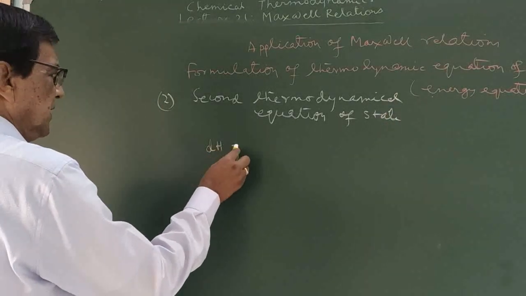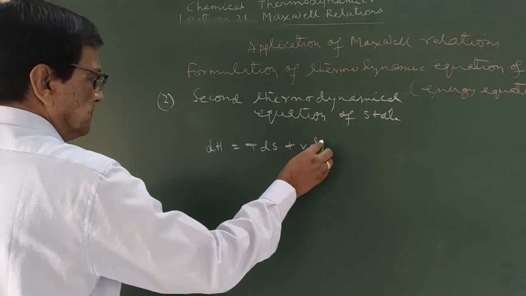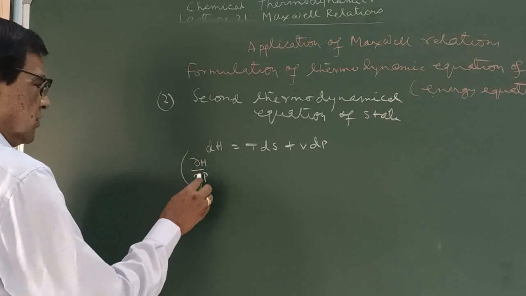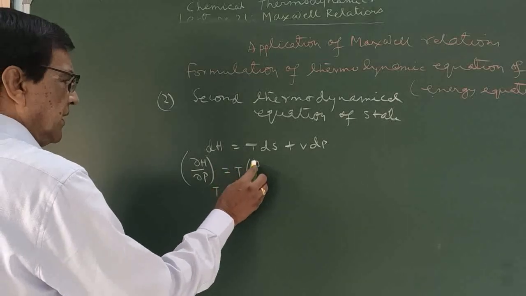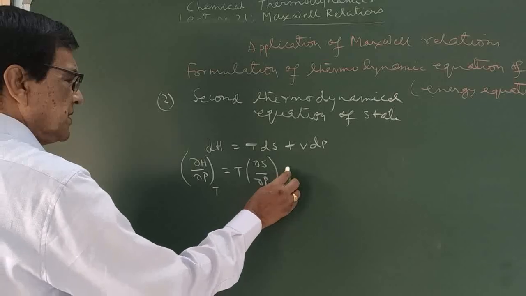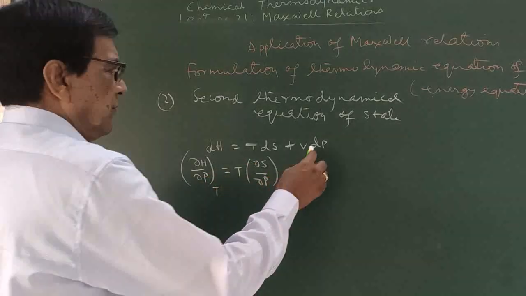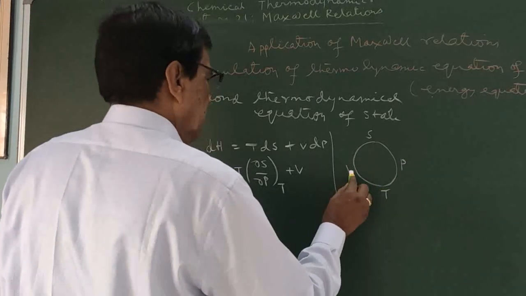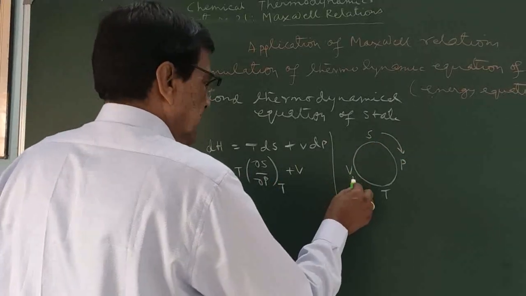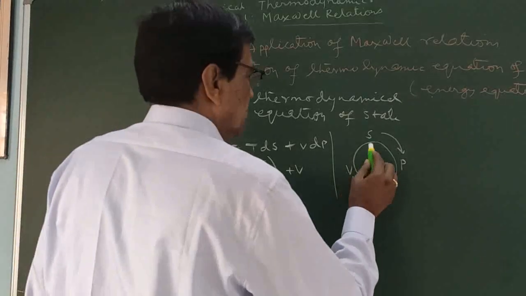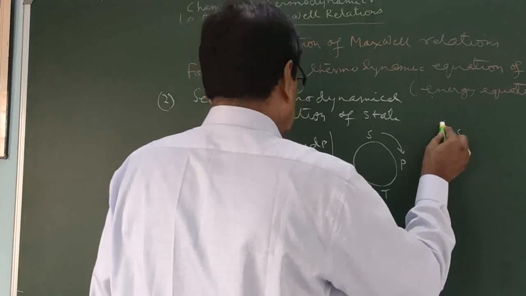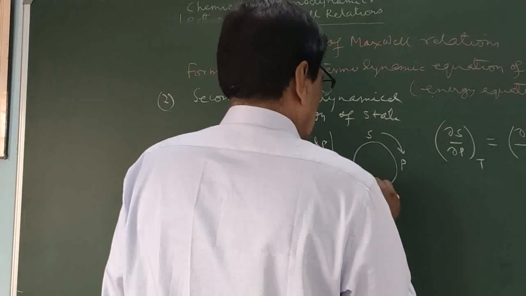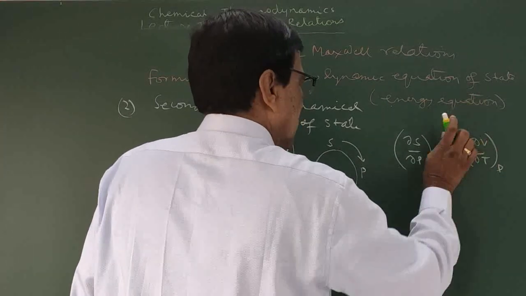So in this case dH equals TdS plus VdP. Again dividing by dP at constant temperature, we get ∂H/∂P at constant temperature equals T times ∂S/∂P at constant temperature plus V. Again this term is not measurable, and for this term we find the Maxwell relation, S, P, T, V. Here S to P and so V to T. So this relation becomes ∂S/∂P at constant T equals minus ∂V/∂T at constant P, with a negative sign.